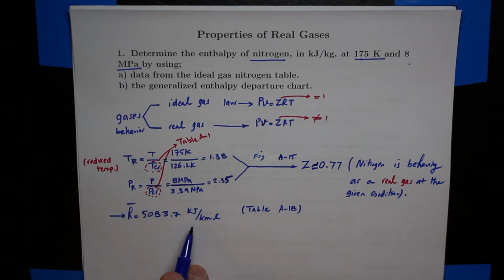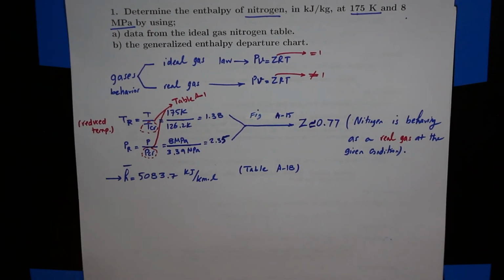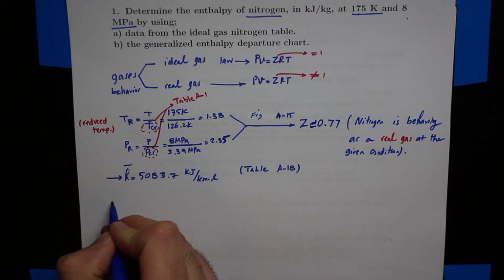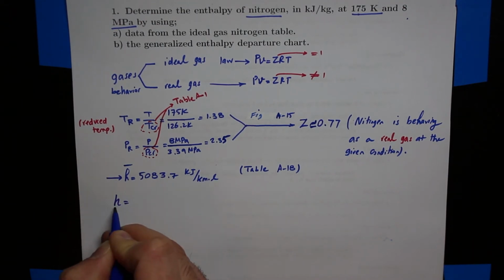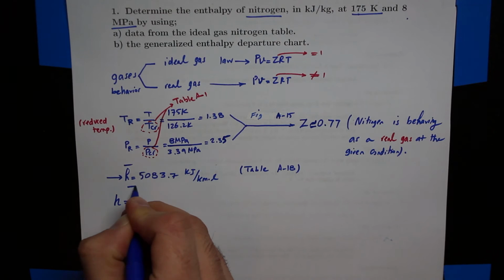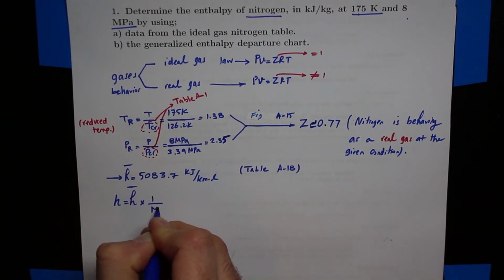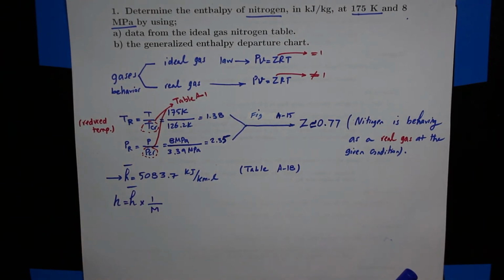In order to convert the unit, I'm going to multiply this H bar by the inverse of the molar mass, because the unit of molar mass is kilogram per kilomole, but if I take the inverse, then I will have the correct unit. Let me show you how. So H that I'm looking for in kilojoule per kilogram is H bar multiplied by the inverse of molar mass.